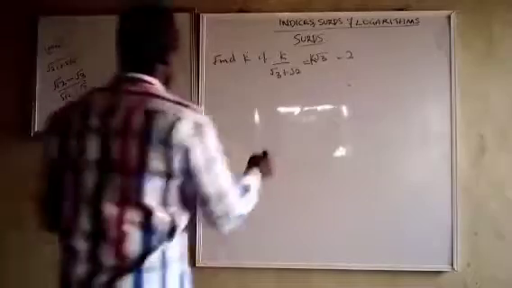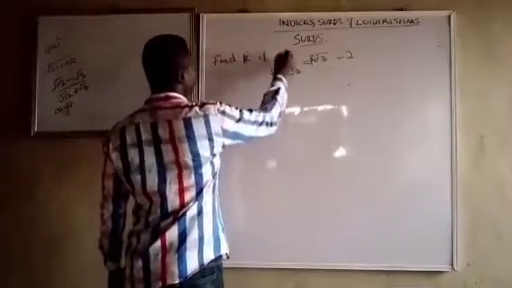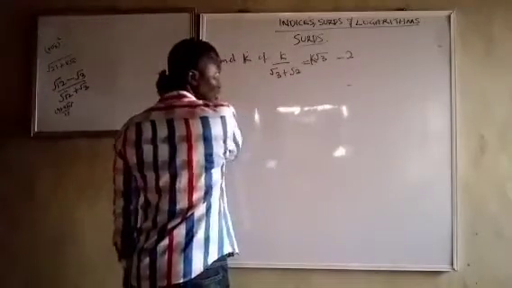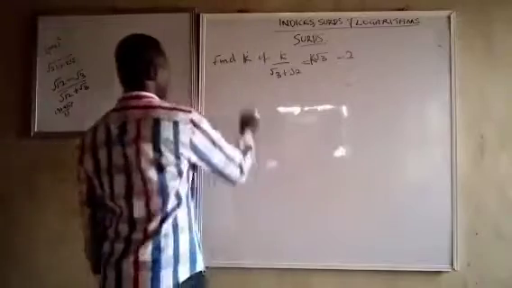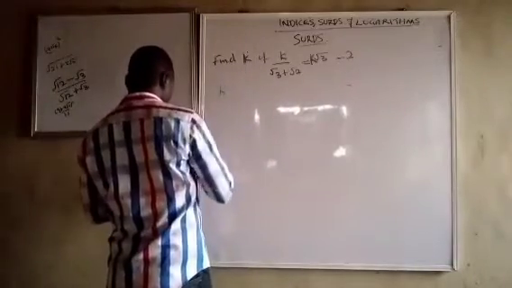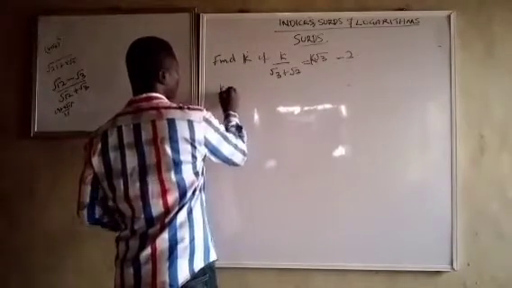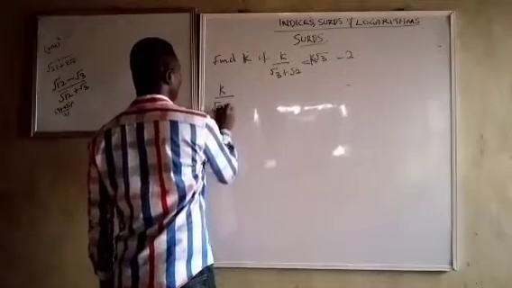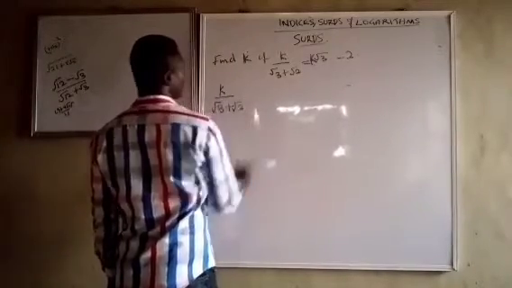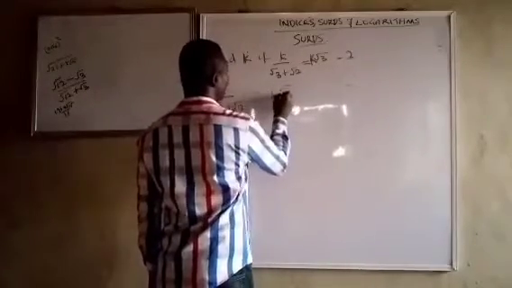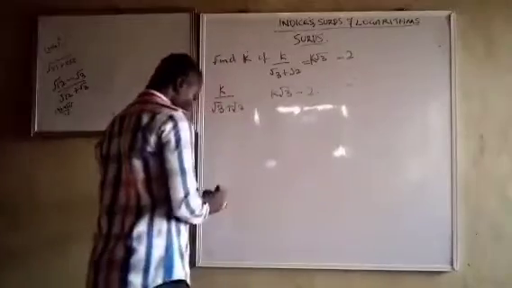Now we have this. Find k, if k over root 3 plus root 2 is equal to k root 3 minus 2.